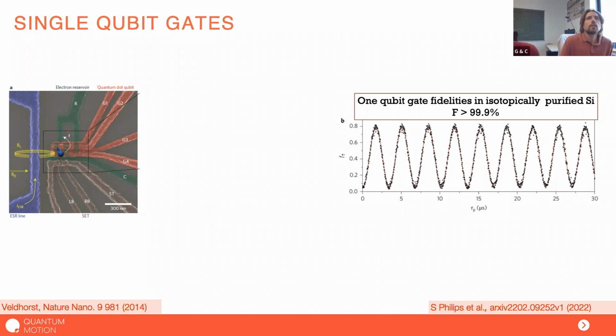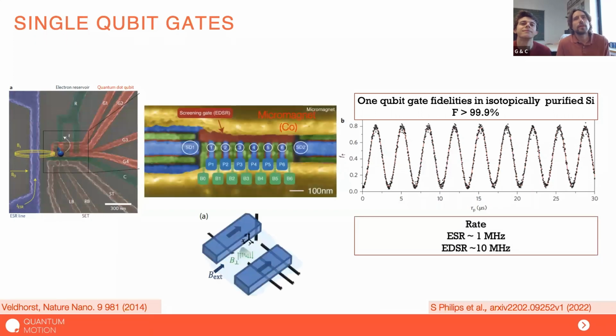Okay, there's another one in the chat by Julio. What was the name of the other way of implementing a magnetic field with higher rates? Julio, I think you mean in the slides that we are on right now. Okay, so one is called electron spin resonance, and that's applying an oscillating magnetic field.